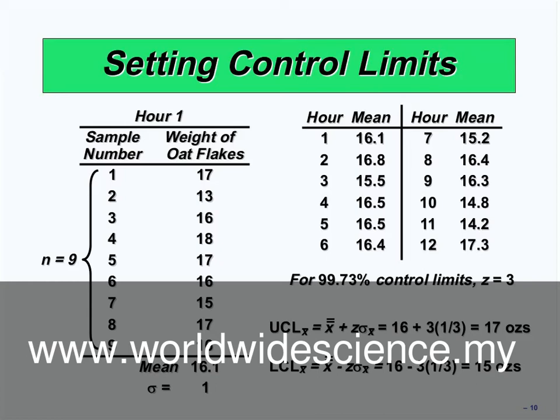The 9 cups of oat flakes have been selected by the operation manager and taken to the laboratory and measured by a scale. Do you know what a scale is? A scale is a tool that can be used for measuring weight.